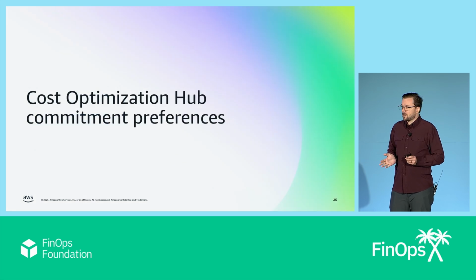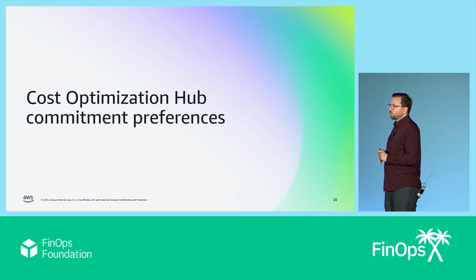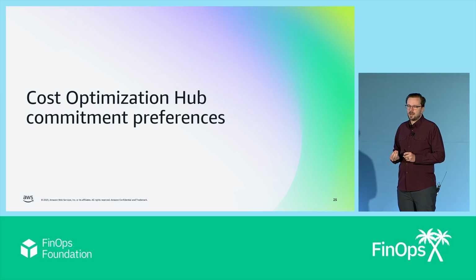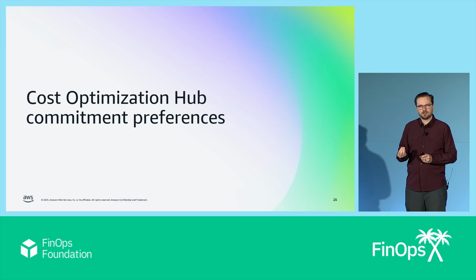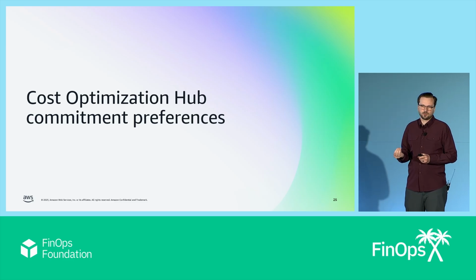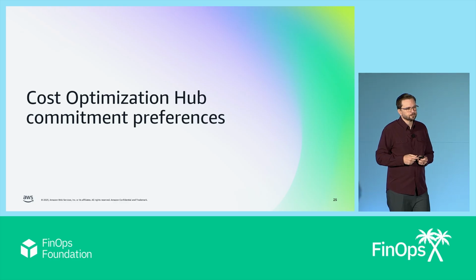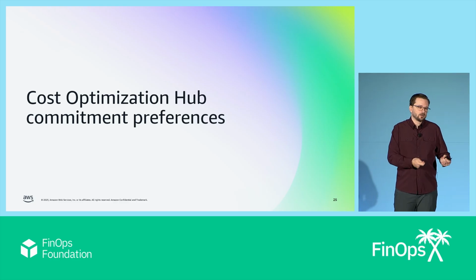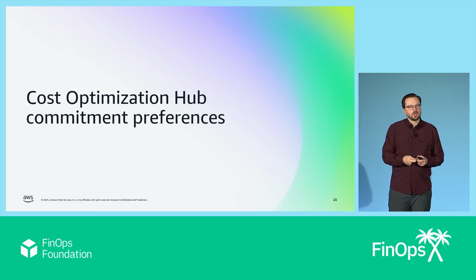Okay, now I want to talk about a new feature in the Cost Optimization Hub. A lot of you already use Cost Optimization Hub. And one of the biggest focus areas for Hub is making sure the amount of savings you see in that product is an accurate reflection of your potential optimization opportunity. Right now, and when we launched Cost Optimization Hub, we used logic to find the highest total potential savings that you can achieve.